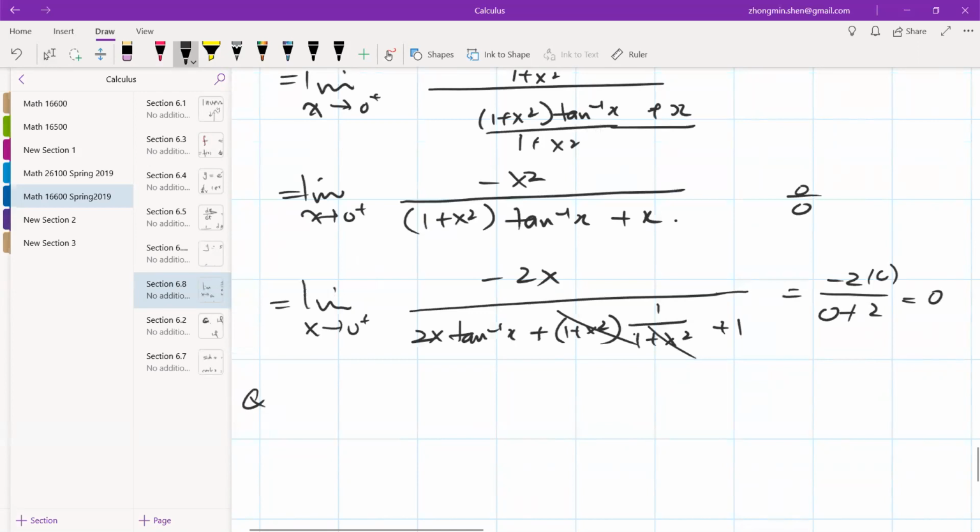Right? So then how about this one? Then you say, okay, I really cannot even combine them. There's no way you can combine them. How do you find it?